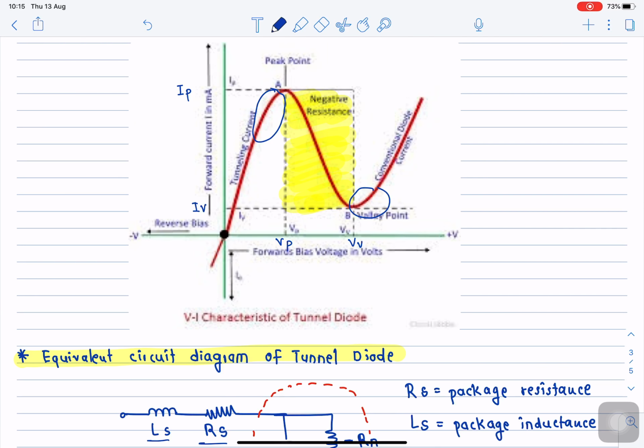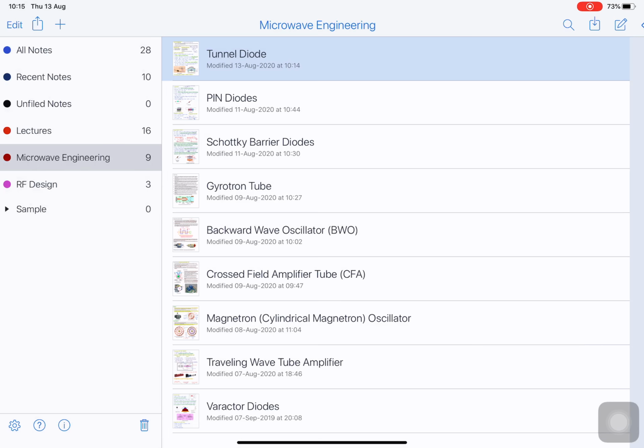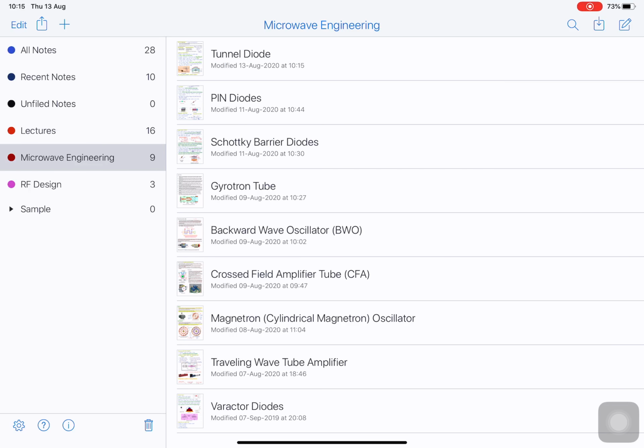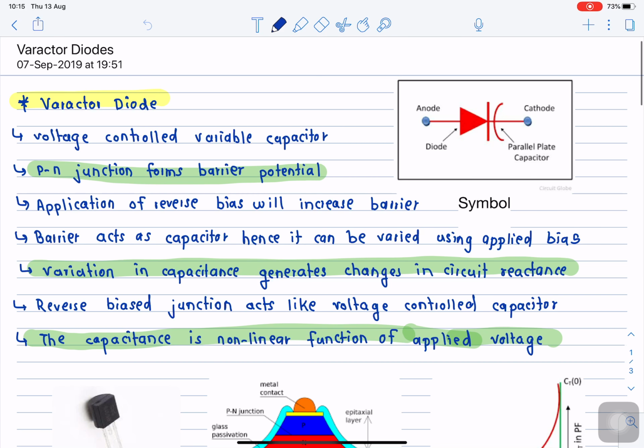Now we will move ahead to the next type of diode that we are going to discuss, the Varactor diodes. Varactor diodes are very simple and they are known as voltage variable capacitors. Essentially the Varactor diodes are nothing but a voltage variable capacitor.